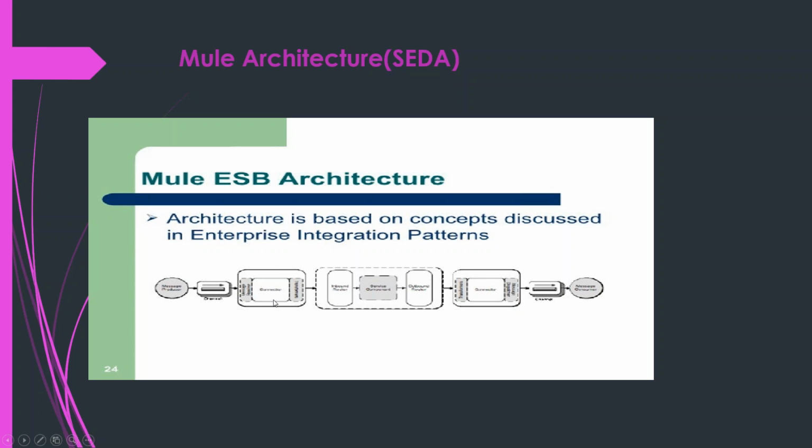All these receiver threading profilers are the event handlers here. They get the request from those queues and give it to the particular applications of the server where all the Mule services got deployed or get processed.